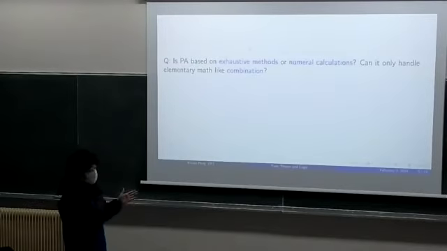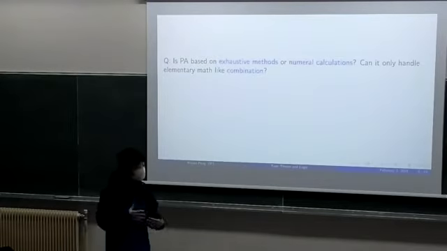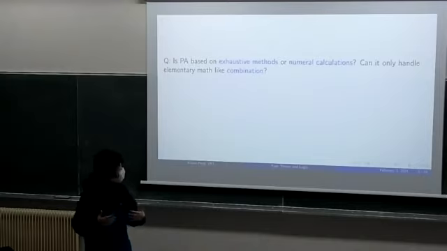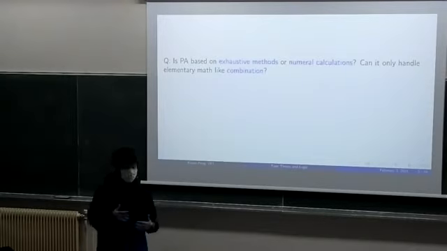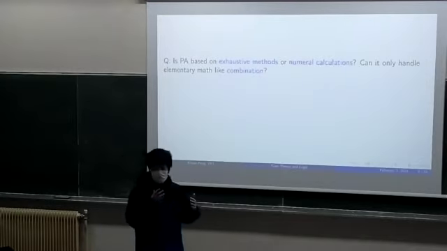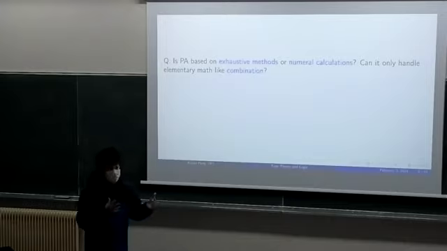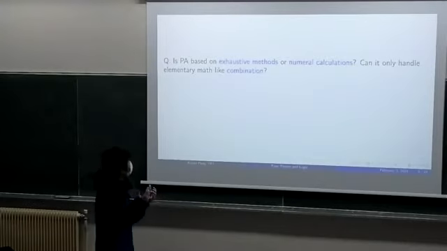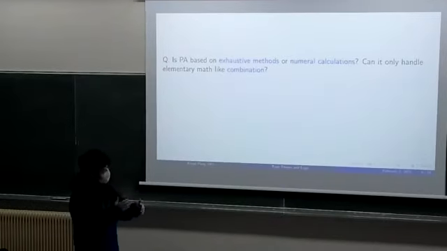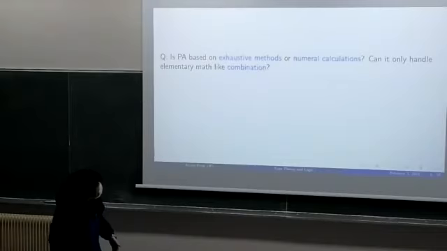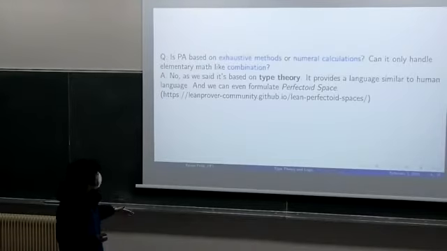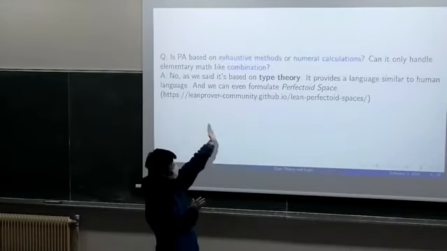The second question: when it comes to computers and math, many people think it's based on an exhaustive method of numerical calculation, or that it can only handle elementary math like elementary geometry or combinatorics. Actually, no. As I said, it's based on type theory.